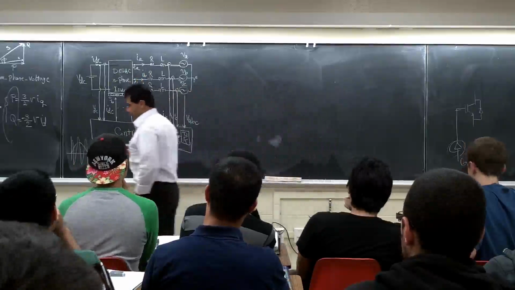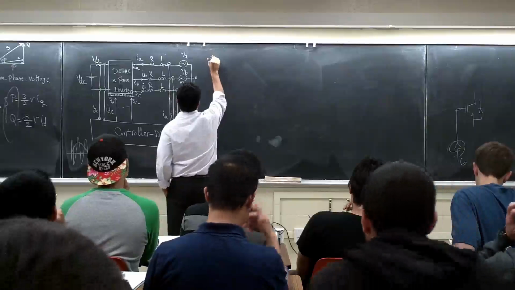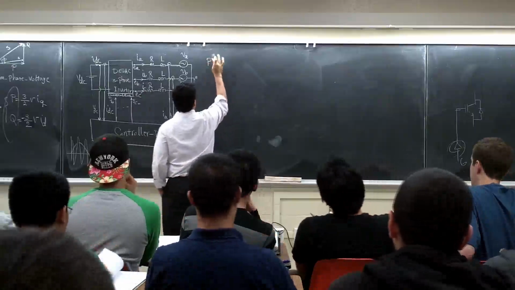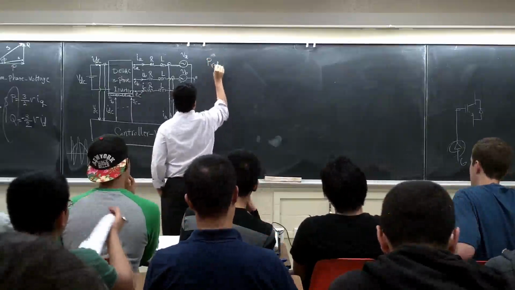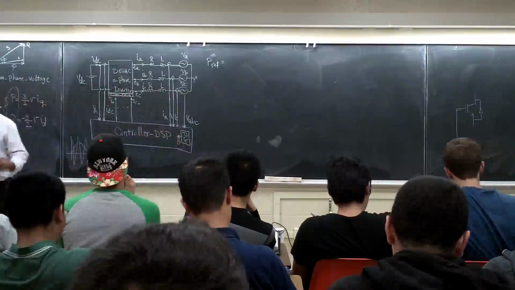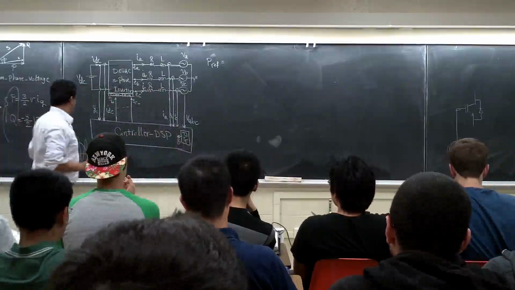So, we said we are going to control the power, right? Let's call it P star, or P ref. Let's just call it P ref. This is what I want to have, right? 10 kilowatt, 5 kilowatt, whatever. We said how much power we want to have, right? P ref. How much is the P ref?